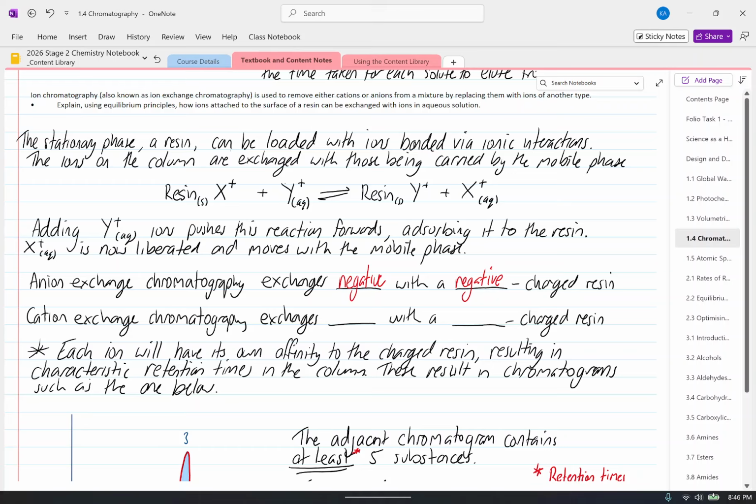So in this particular case, anion exchange, you exchange anions by having a positively charged resin that they are attached to.